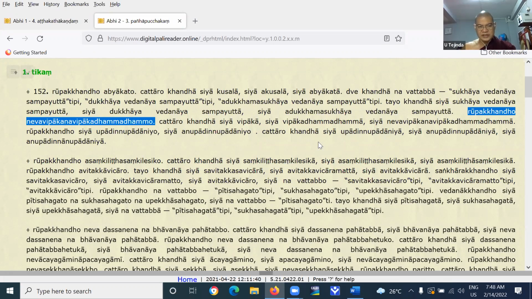They have no nature of causing the vipaka. Neva Vipaka Na Vipaka Dhamma Dhamma.